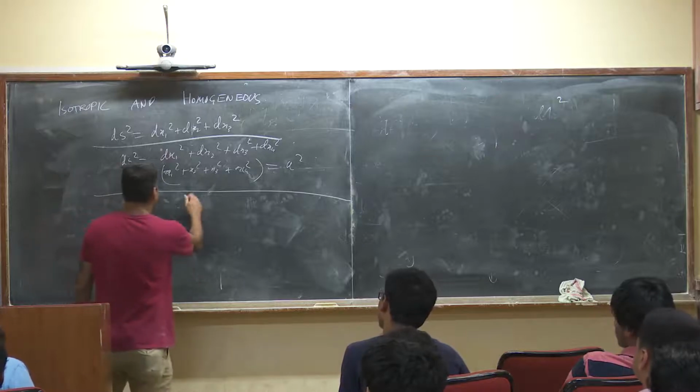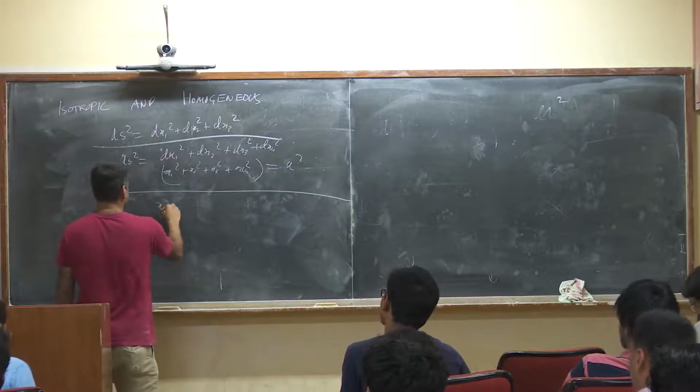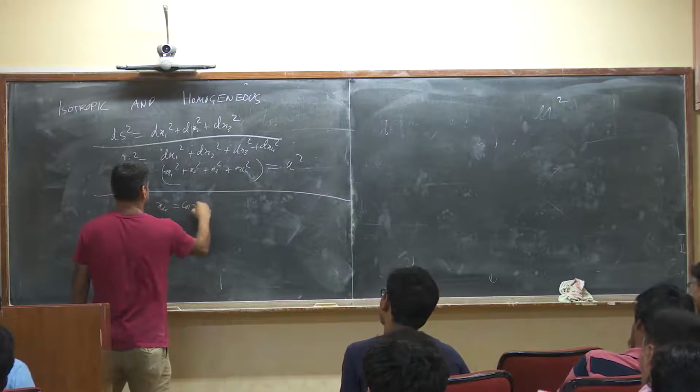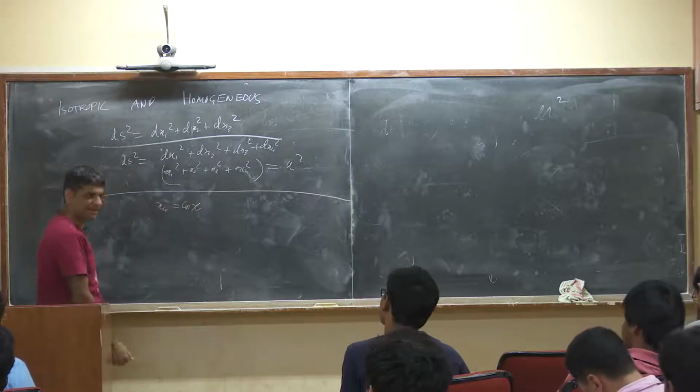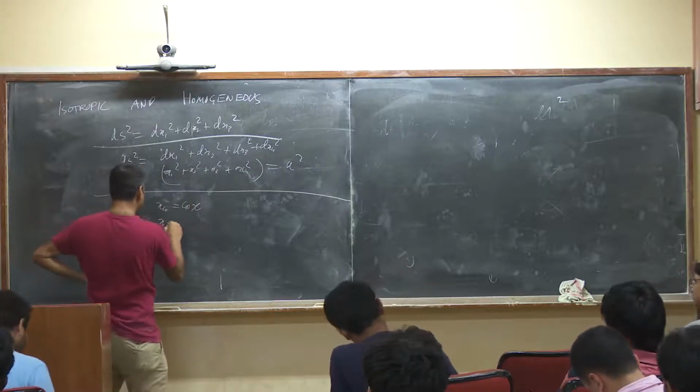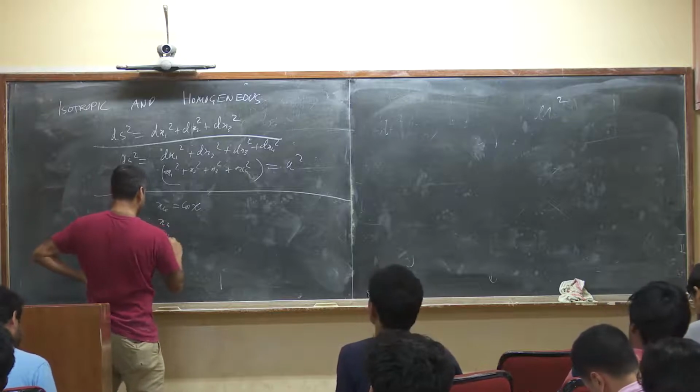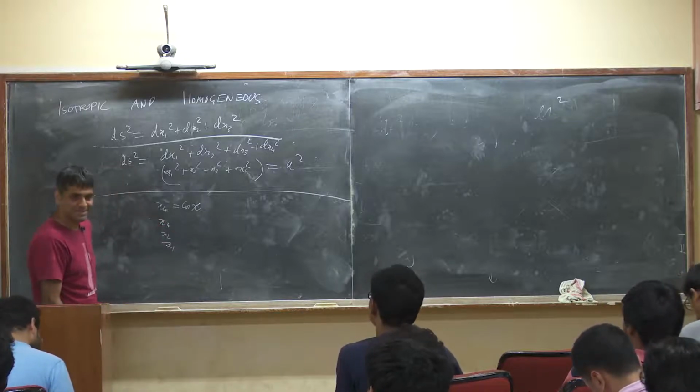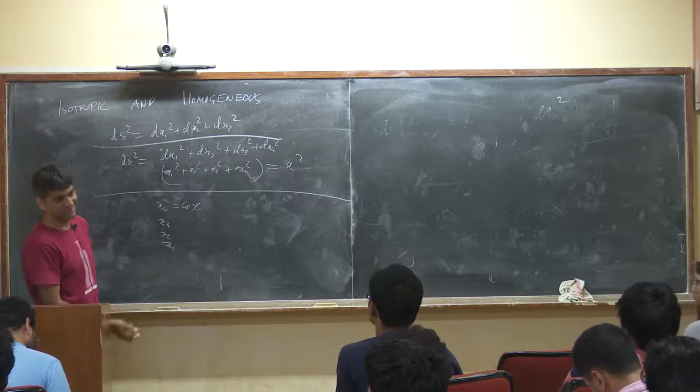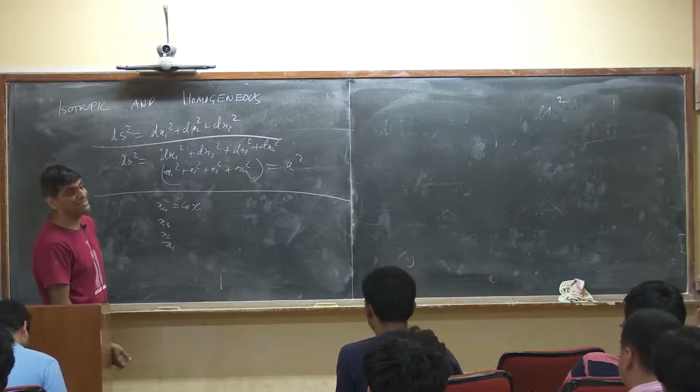One way of doing it is to say, let's suppose x4 is equal to a cos chi, and x3, x2, x1 are coordinates on a 2-sphere of radius a sin chi.